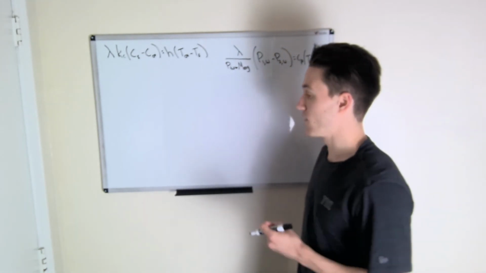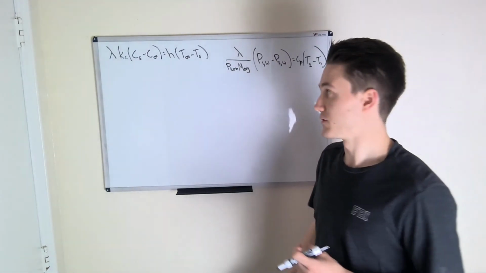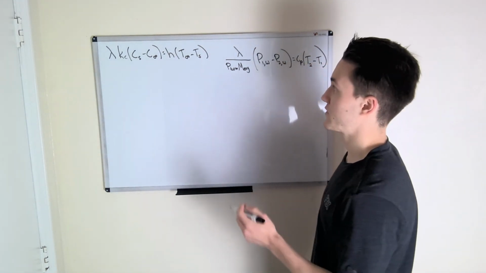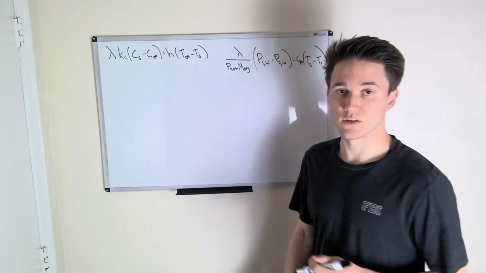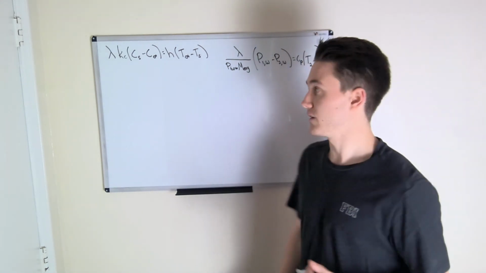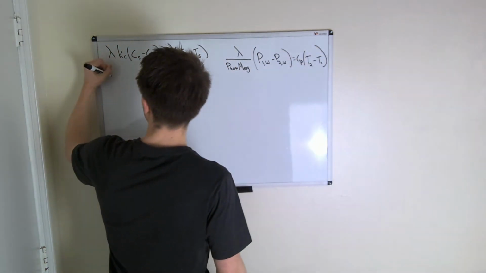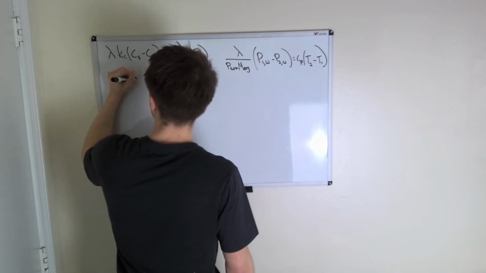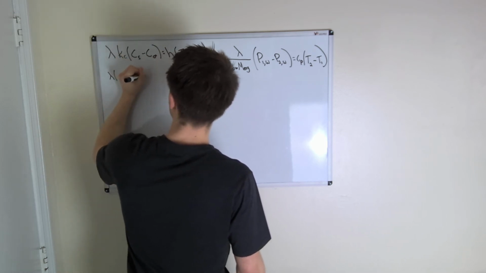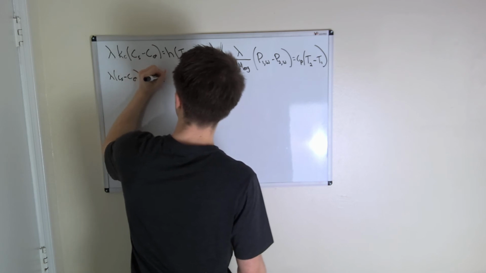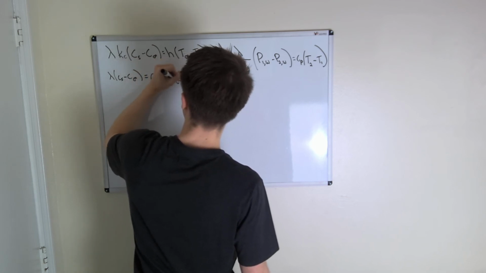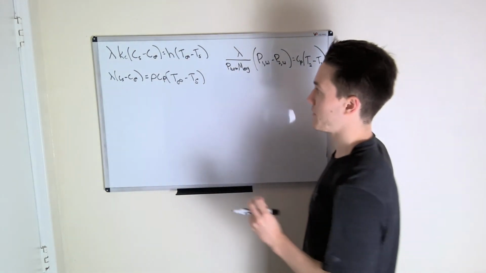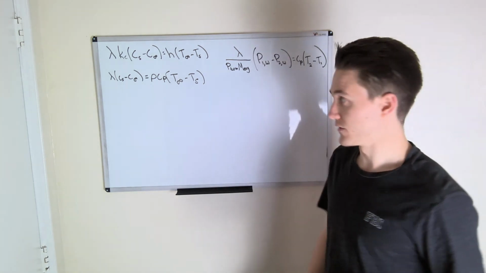So to start out with our wet bulb temperature equation, we use the Lewis relation by dividing H over Kc, which is equal to our volumetric heat capacity. And then we look at our concentration difference.